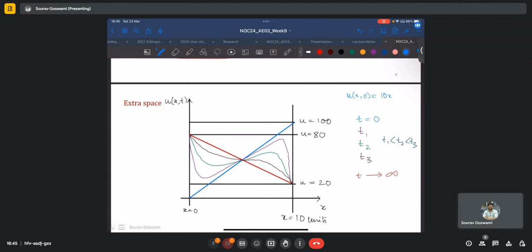So eventually, this is T tending to infinity. This is T equal to 0. This is T1, T2, and T3.